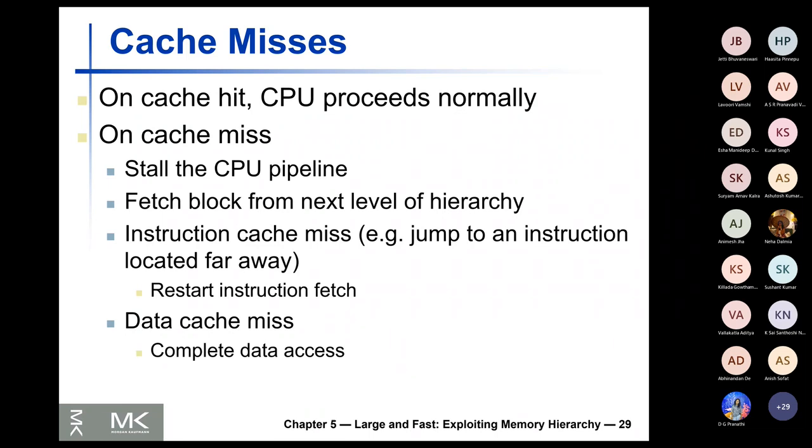If it is there, it is returned immediately to the actual execution part of the CPU. If not, there is a miss, and then what to do if there is a miss, etc.